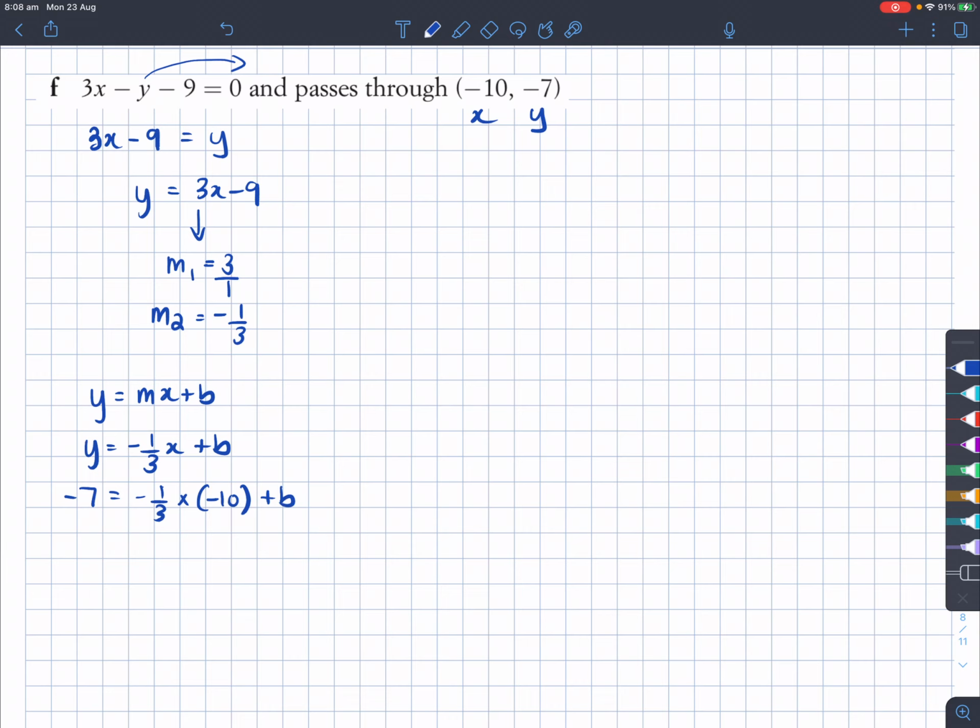Okay. So then we have to multiply this negative 1/3 with negative 10, which is positive 10 over 3 plus b. And if we subtract 10 over 3 from both sides, this will allow us to find what the b value is. Okay? So negative 7 minus 10 over 3 will give us negative 31 over 3.